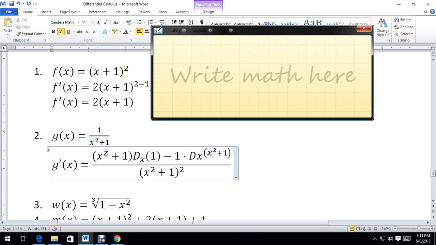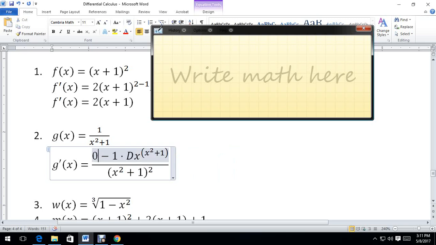Again, we have x squared plus 1 times the derivative of 1. Now the derivative of 1 is a constant, so the derivative of 1 is 0. So if this is 0, the entire expression here becomes 0, meaning we could actually drop this out of the equation.